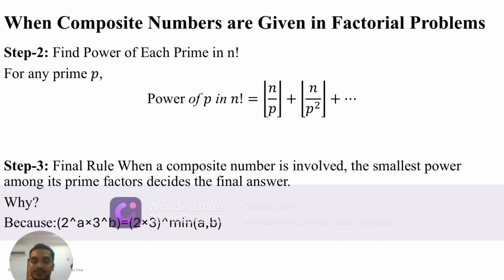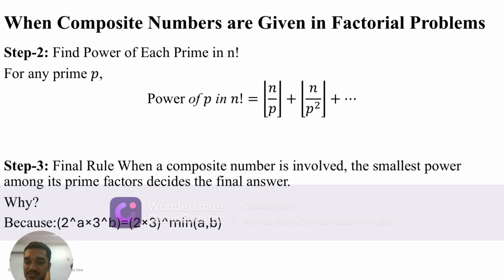The similar process is that the power of p in n factorial is n by p plus n by p squared and so on. The rule is that when a composite number is involved, the smallest power among its prime factors decides the final answer. Why does the smallest power decide the final answer?